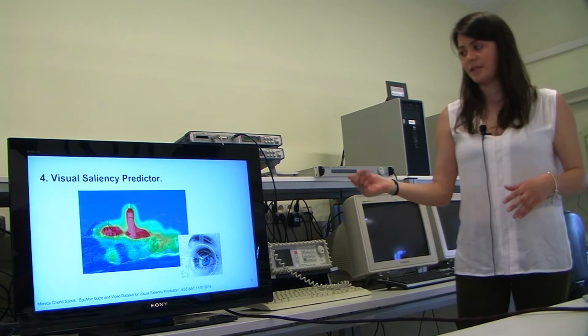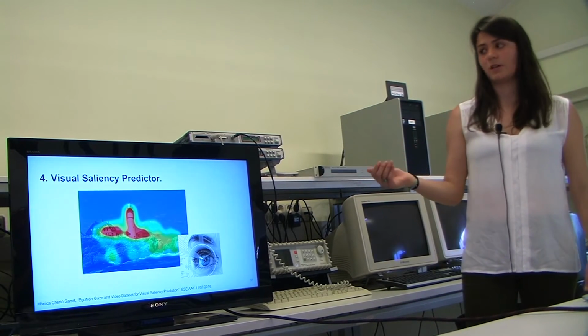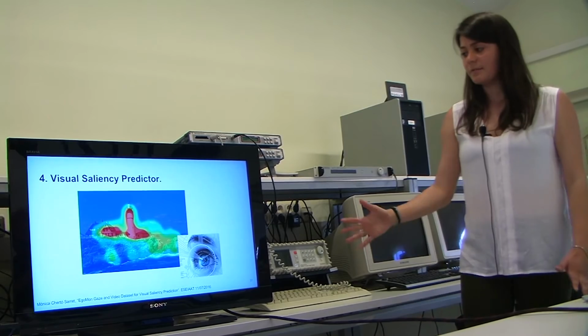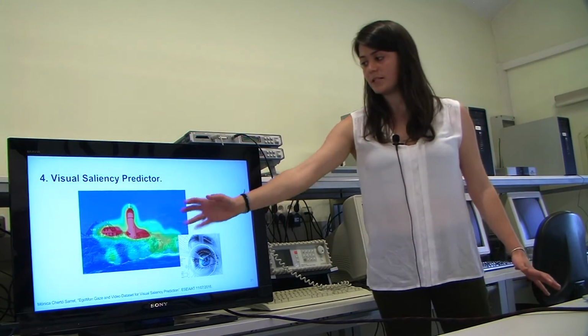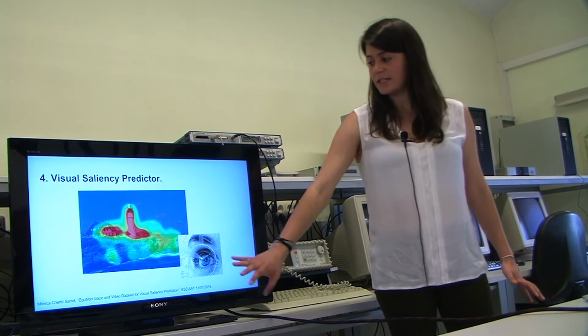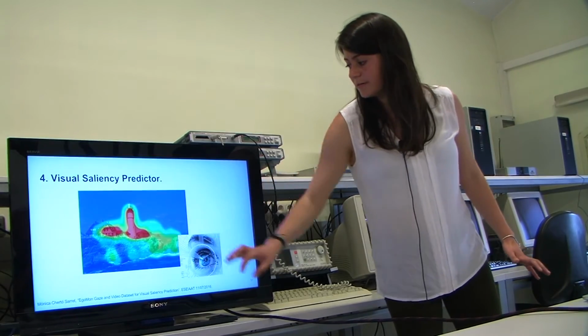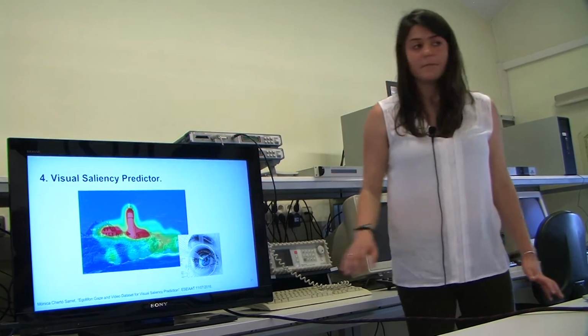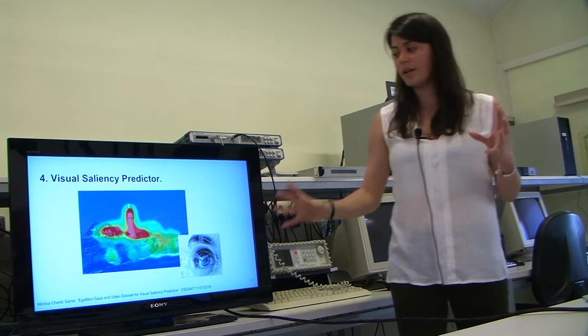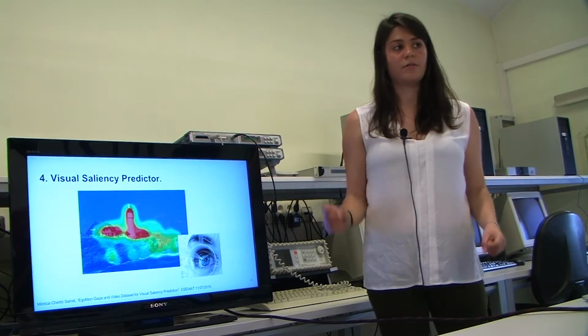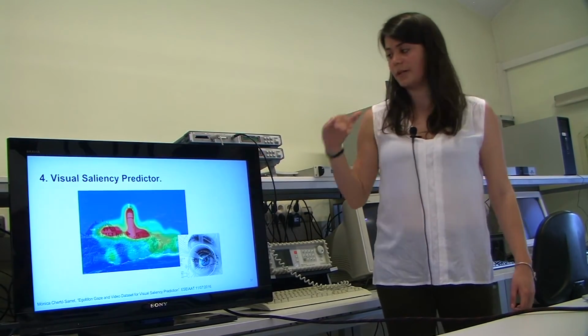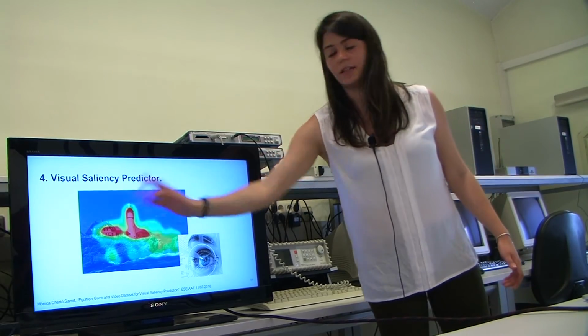A visual saliency predictor tries to predict human visual attention. That means that, for example, in this image we can see a tower and a house and the beach, but the most important point of human visual attention is the tower, for example, and the house.